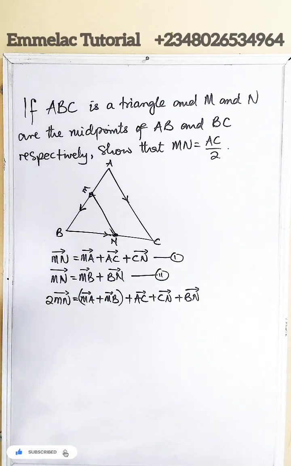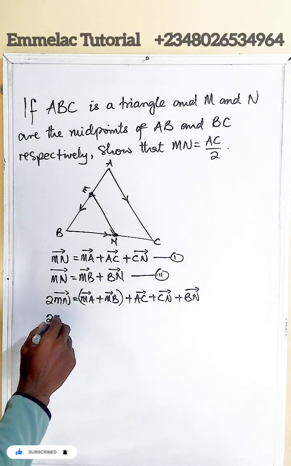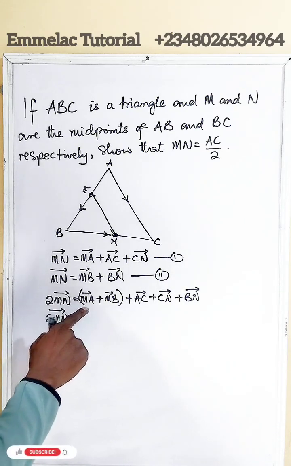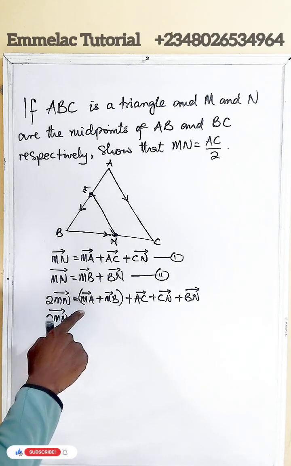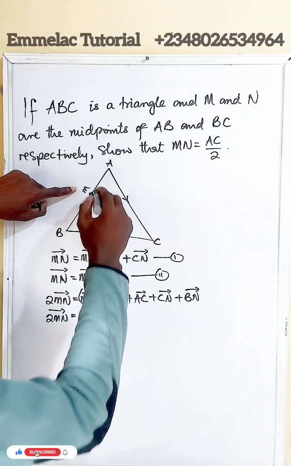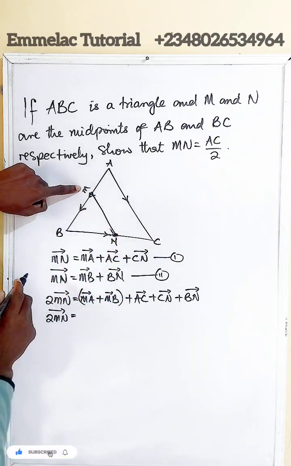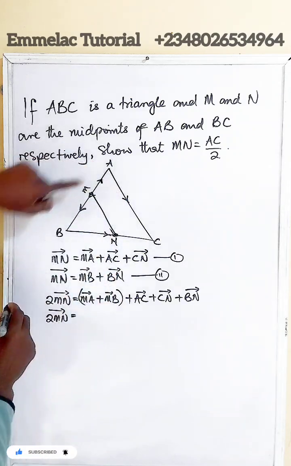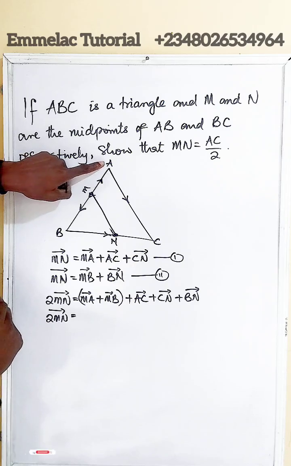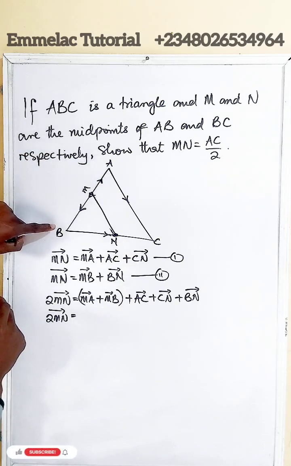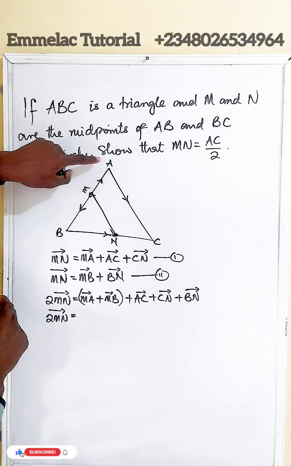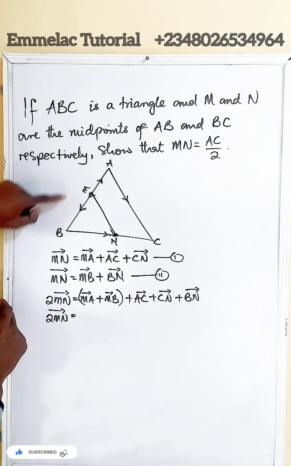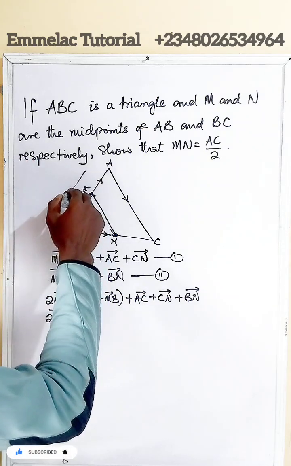So here we have 2MN equals, now you can see that it's actually going opposite, from M to A. It's opposite of the normal direction, which is supposed to be A to B. So it's meant to be either AM or MB to have the same direction like this.